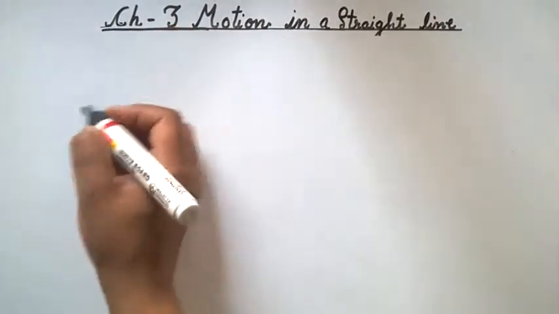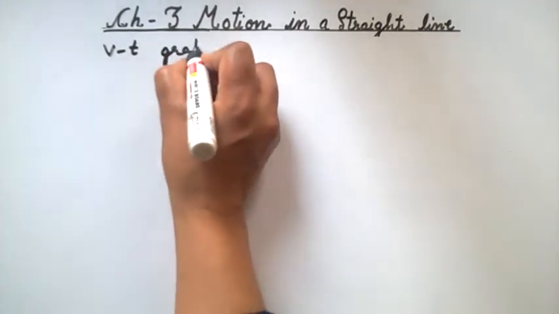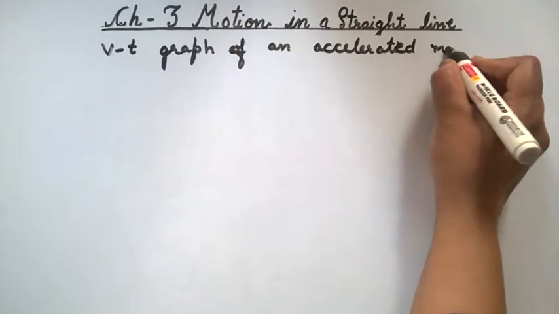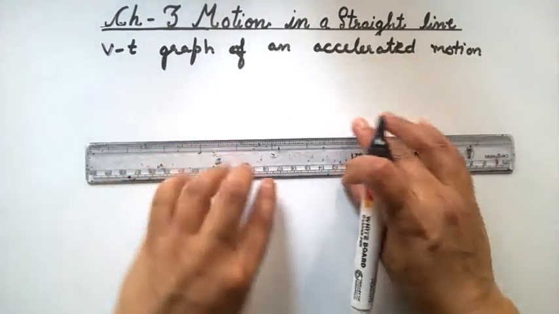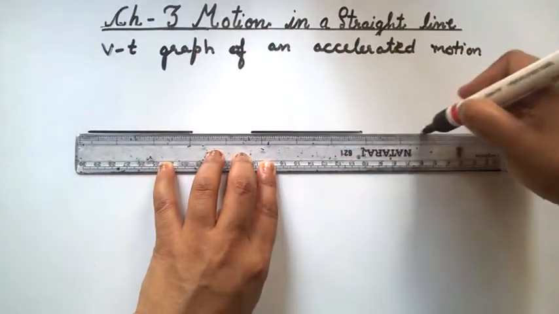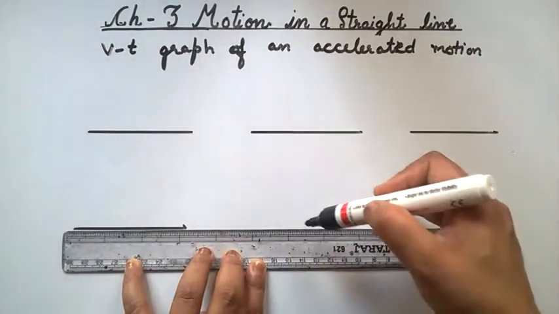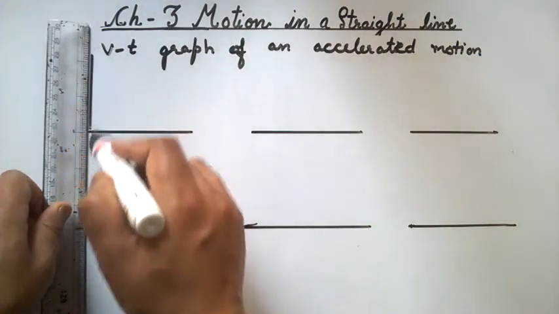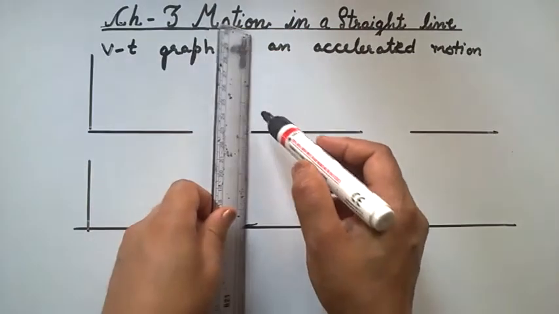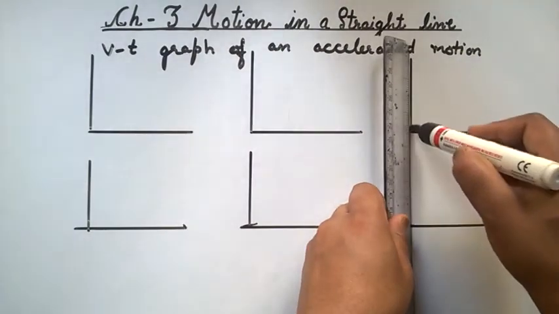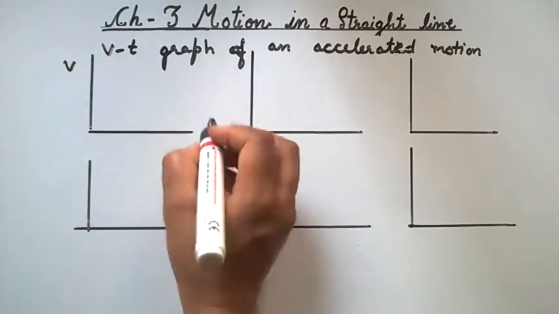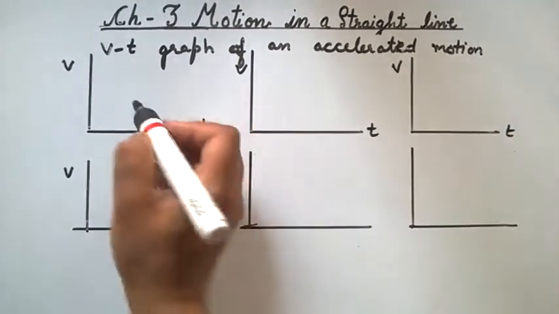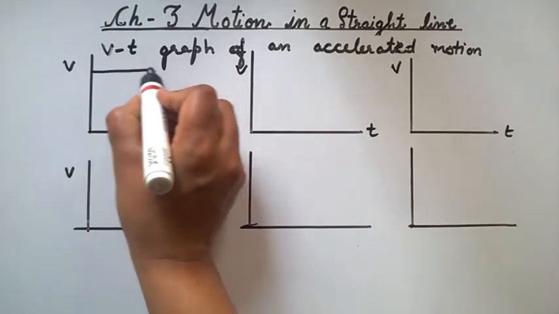Let's see some velocity-time graphs of an accelerated motion. In the v-t graph, when the body is not accelerated, that is, the velocity of the object is constant, then the slope or acceleration is zero.